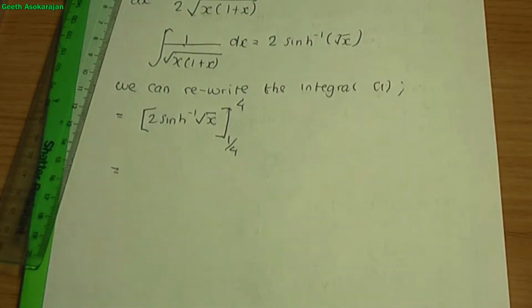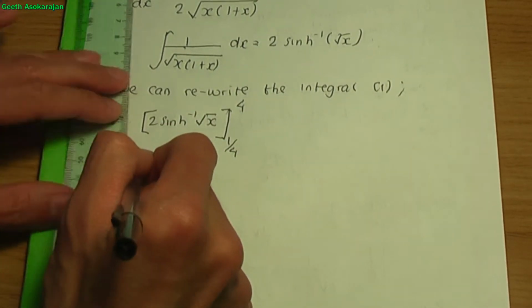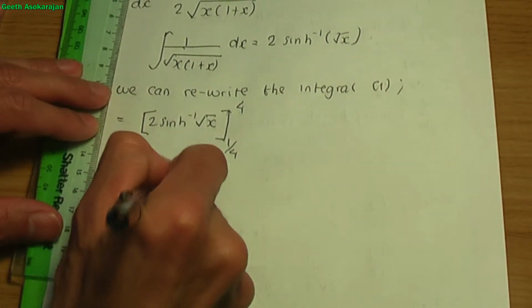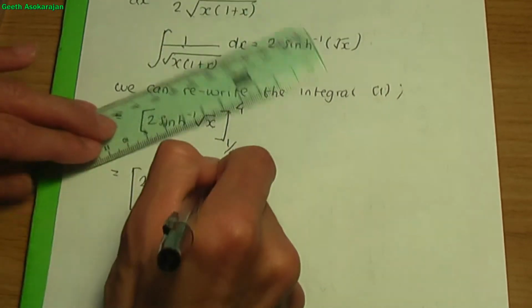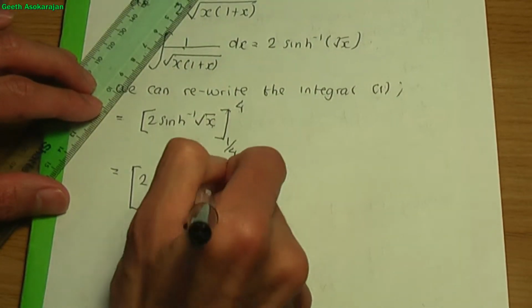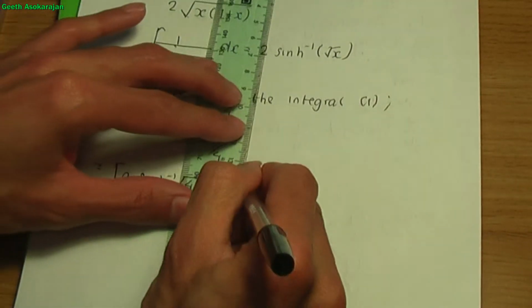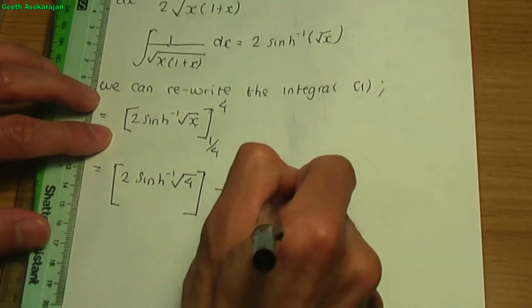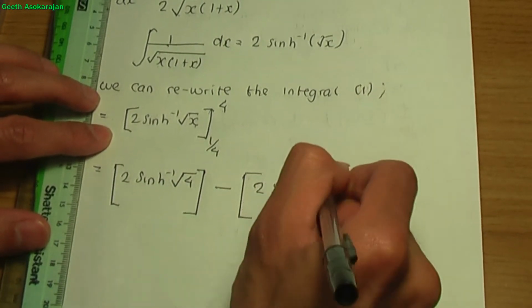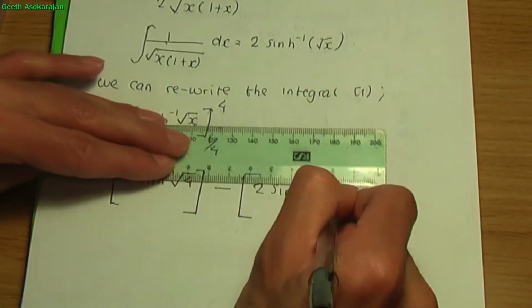Now it's very straightforward from here on. Let's replace the limits. So upper limit goes in first. Upper limit is 4, so I'll have 2 inverse hyperbolic sine of root x replaced by 4, minus, and if I replace the lower limit being 1/4, I'll have 2 inverse hyperbolic sine of root x replaced by 1/4.